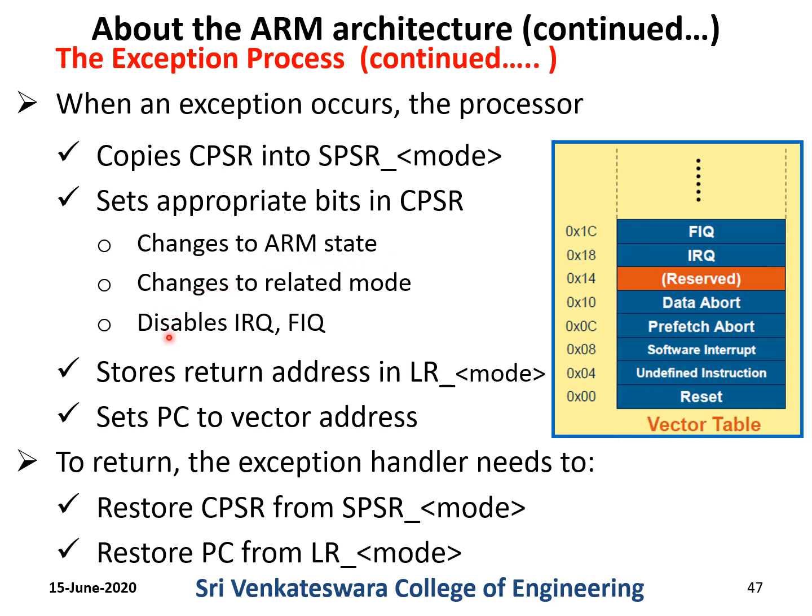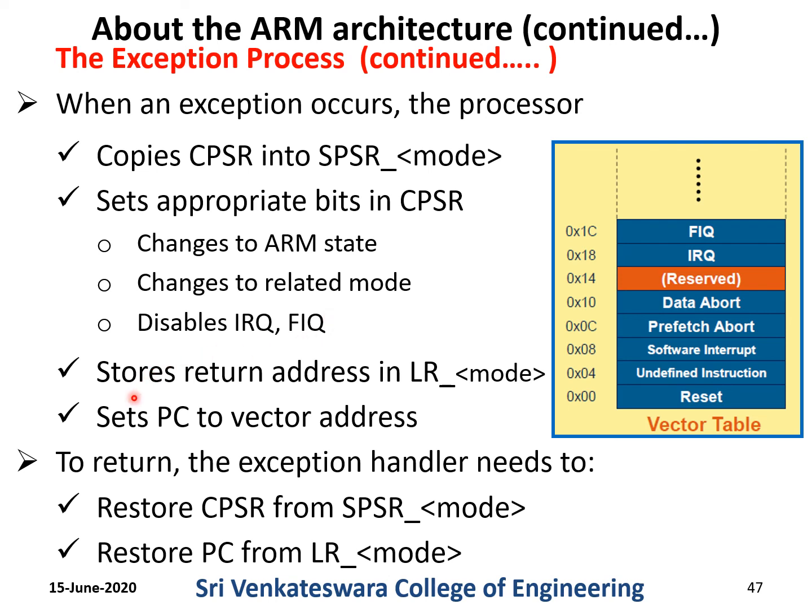And also there is no provision for nested interrupts. So to avoid receiving any further interrupts, the IRQ bit and FIQ bit are disabled by setting those bits to 1. So all these things happen whenever an interrupt or an exception occurs.